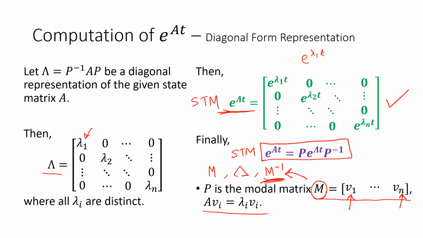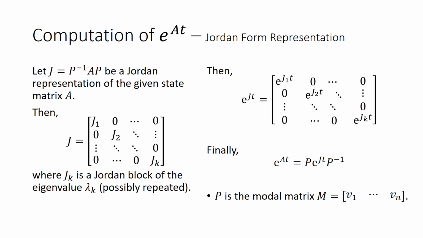Now suppose you have the Jordan form representation. That means you have possibly repeated eigenvalues. Your Jordan form is basically the Jordan blocks coming in the diagonal, instead of the eigenvalues.